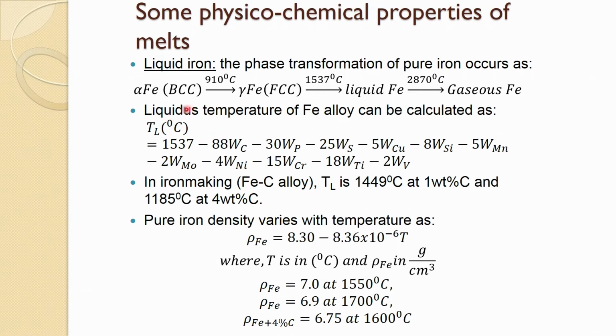Liquidus temperature is the temperature at which it completely melts, or is completely in liquid form. So, the liquidus temperature of the iron alloy can be calculated as follows. 1537 is the actual melting point of iron, and if there are no impurities, that would be the liquidus temperature.